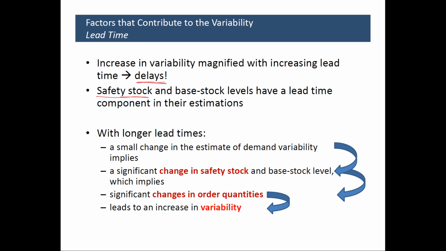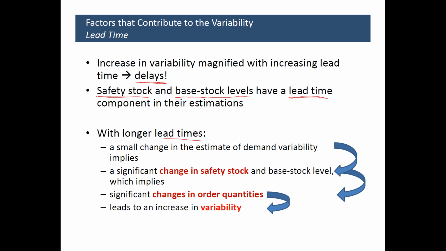The safety stock that we've built and the base stock levels as well contain a component that regards the lead time in their estimations, but of course it still has some uncertainty that goes along with it.